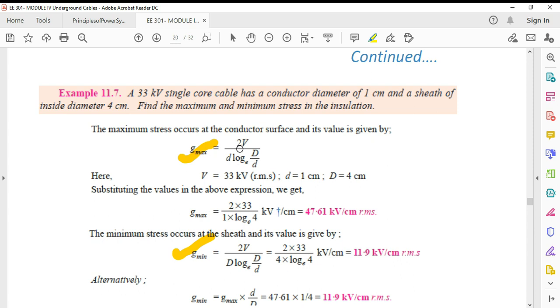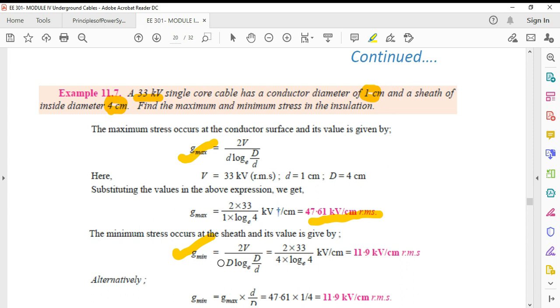G max equal to 2V by d log D by d. Here V is given as 33 kV and small inner diameter is 1 centimeter and sheath diameter is 4 centimeter. Substitute that and we can find the maximum value as 47.61 kV per centimeter.